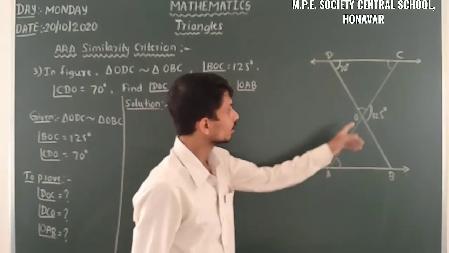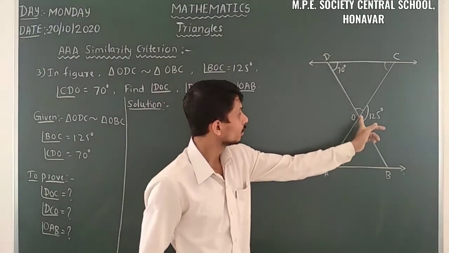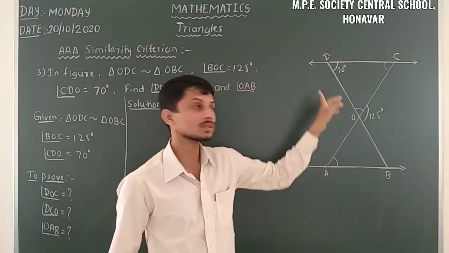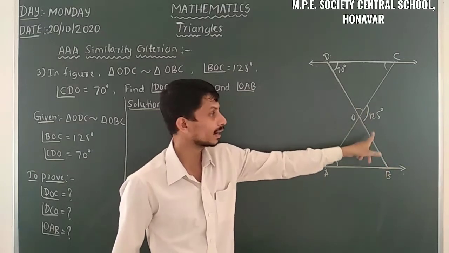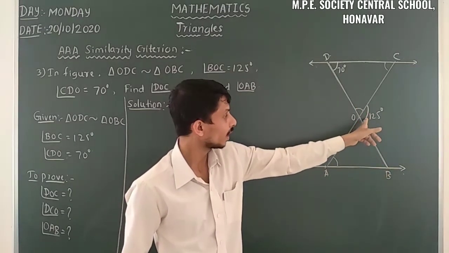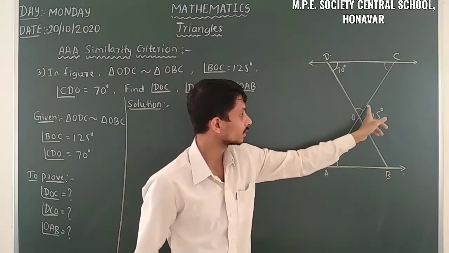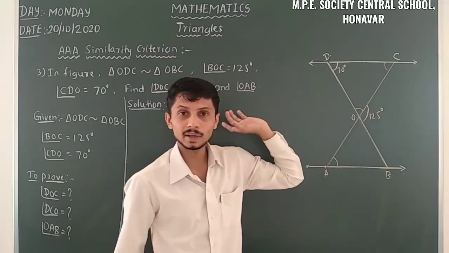Here just observe. DB is a line and OC is a ray that stands on this line DB. So the sum of the adjacent angles formed is 180 degrees. This complete angle is equal to 125 degrees, and this angle we have to find.